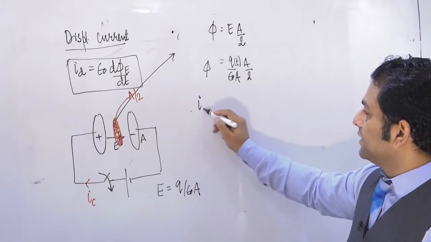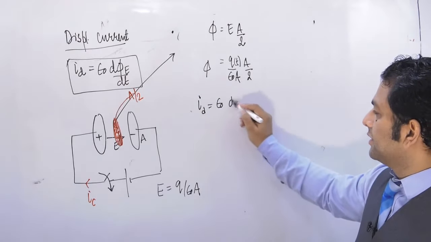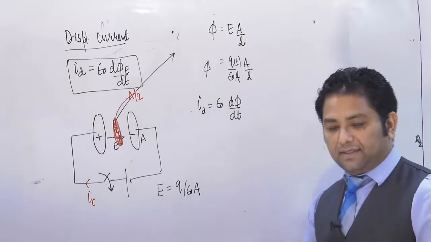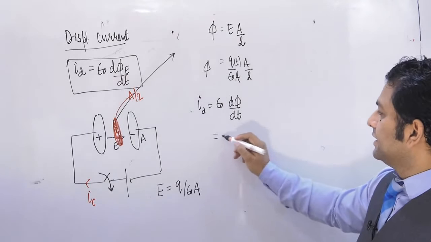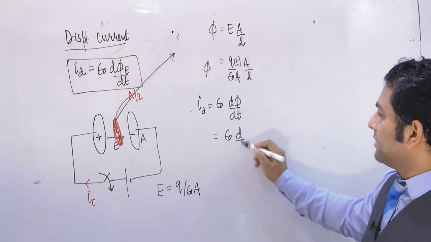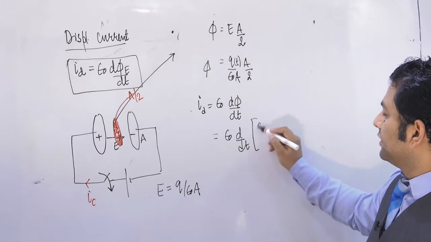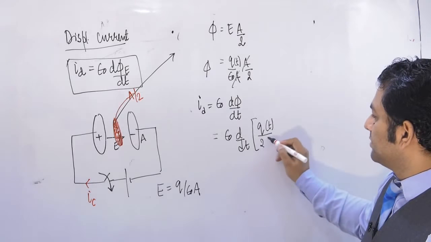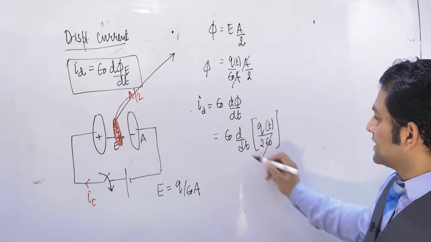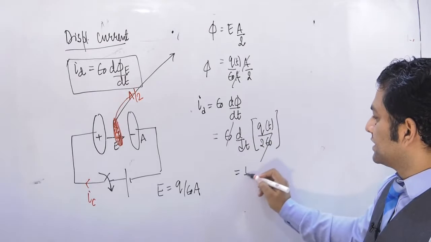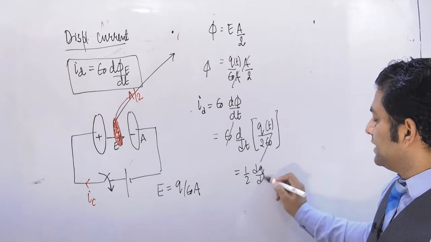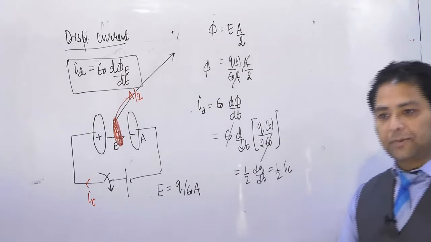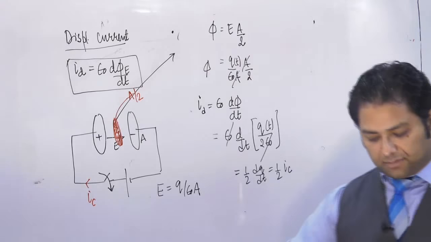And I displacement is epsilon naught d phi divided by dt. And then you come here as epsilon naught d by dt of, this A gets cancelled, Q(t) by 2 epsilon naught, and even this epsilon naught gets cancelled. So this is half dq by dt, and that is exactly half of the conduction current. This sort of relationship we find here.